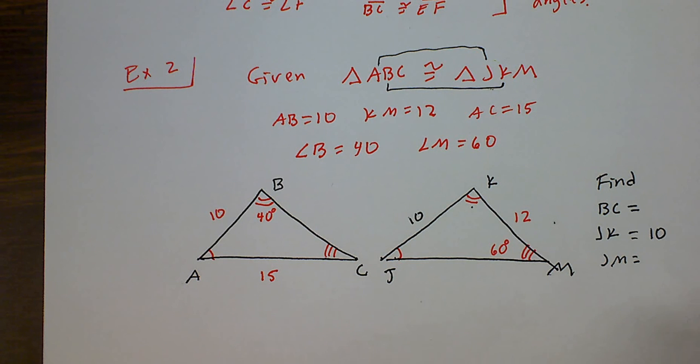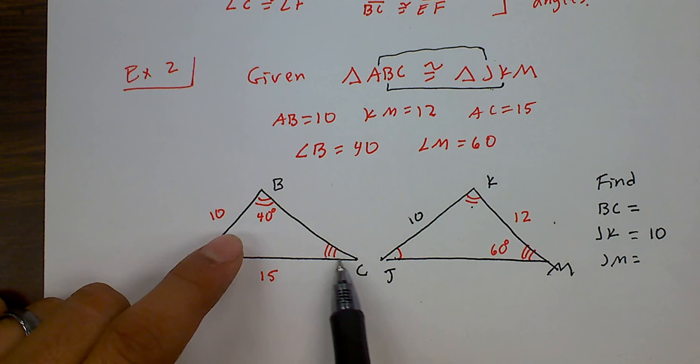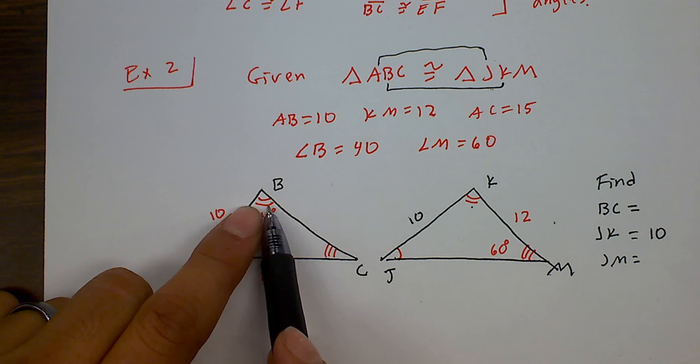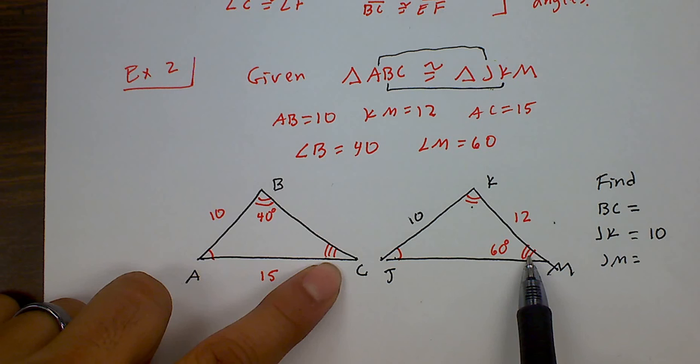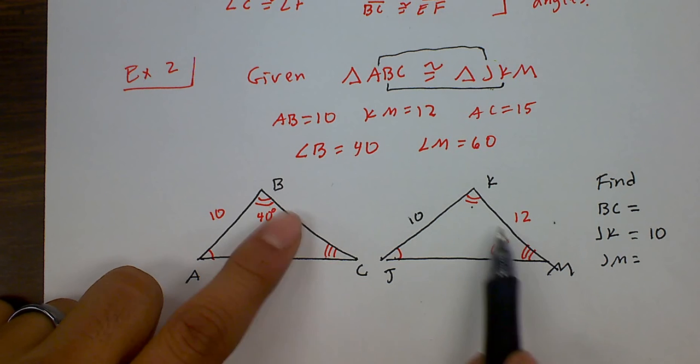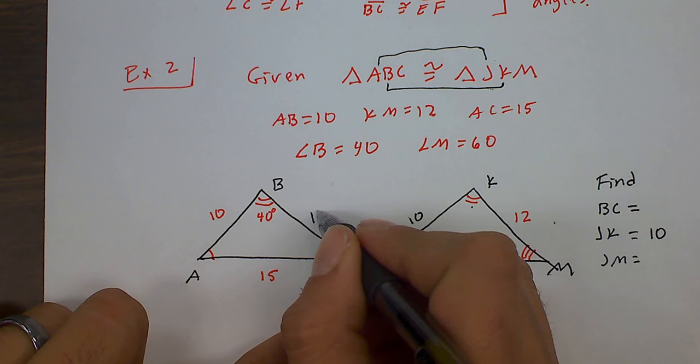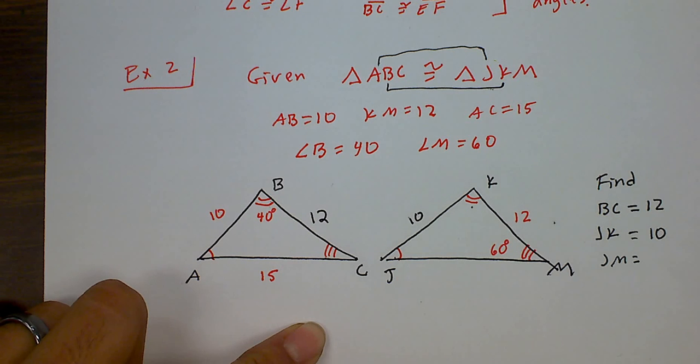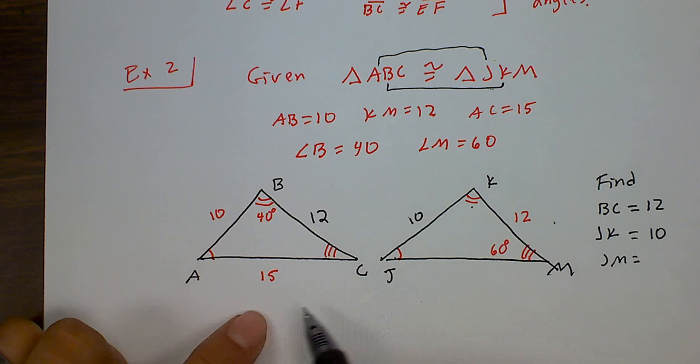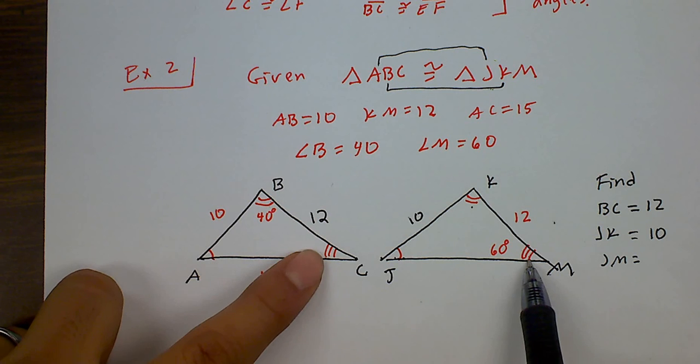Now let's look at BC. Well, BC is made of these two angles. We have 2 marks here and 3 marks here. So if this one is 12, that means BC is also 12. Finally, JM, again, 1 mark for the angle, 3 marks for that angle.